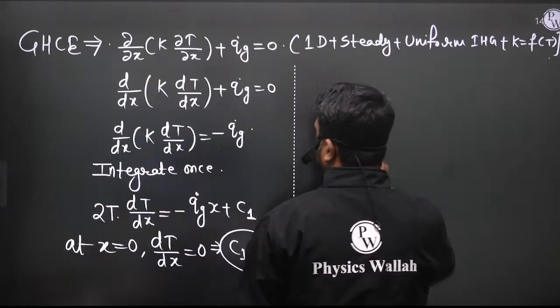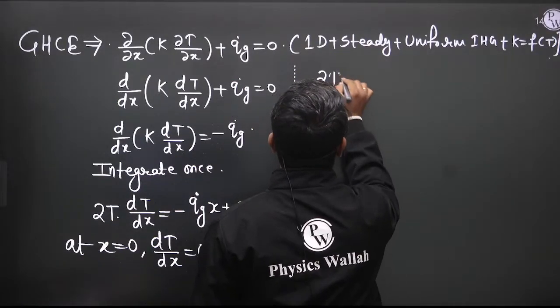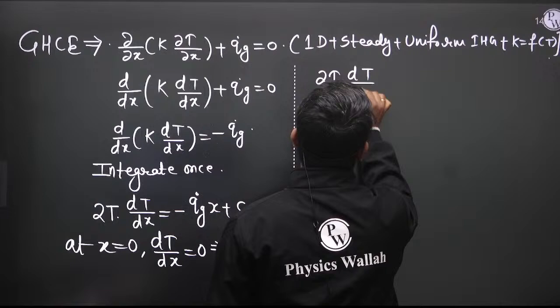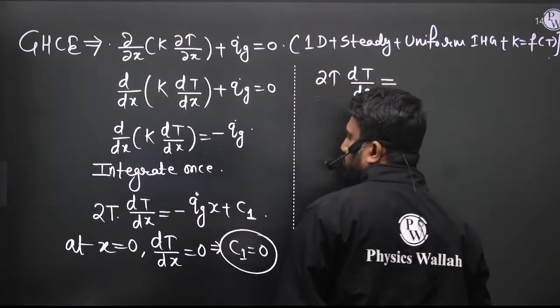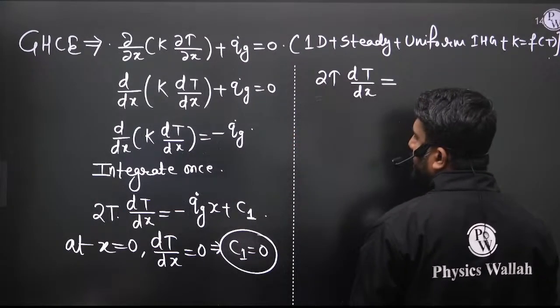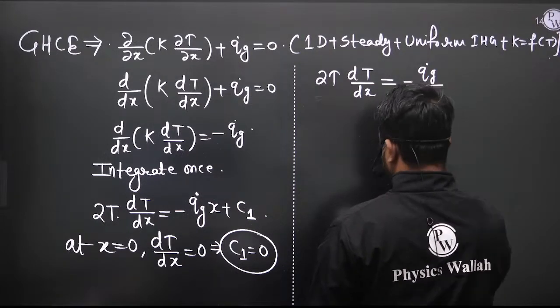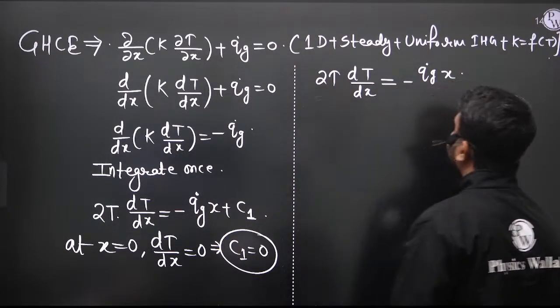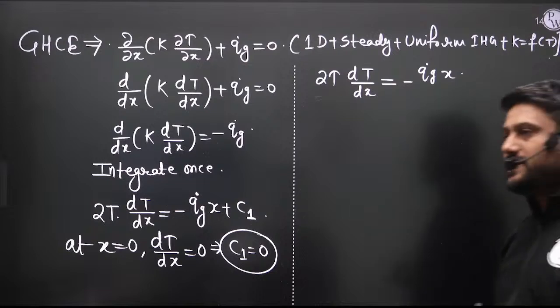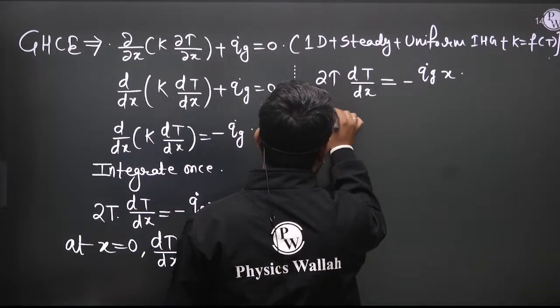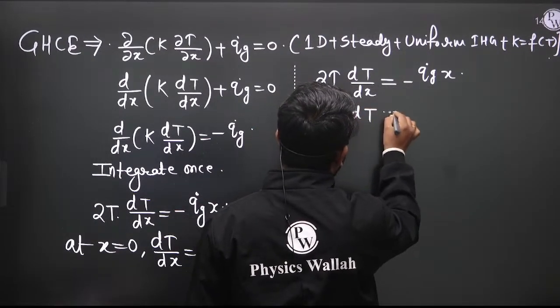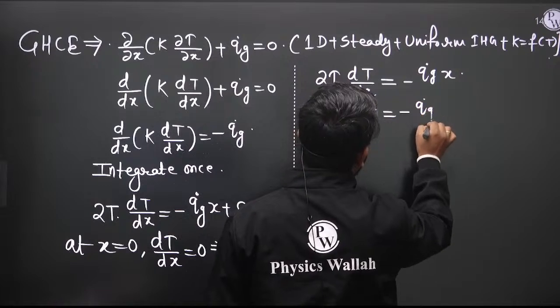Now what I am getting is k dt by dx equal to minus q dot g x. Now separate the variables: k dt equals minus q dot g x dx.